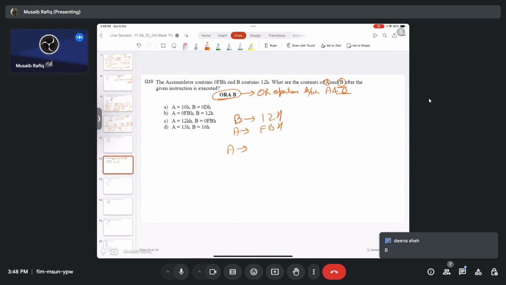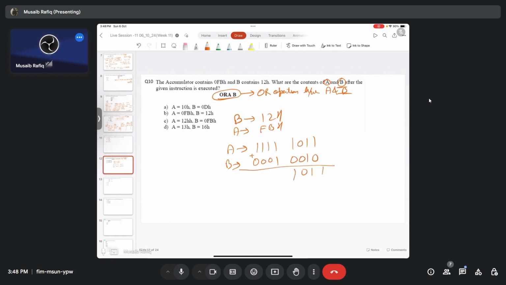So A is 1111 1011, since B is 11, 8 plus 2 plus 1, 1011. B is 12, so 0001 0010, and you have an OR operation between them. So it's 1111 1011.